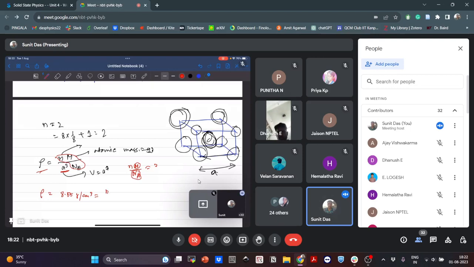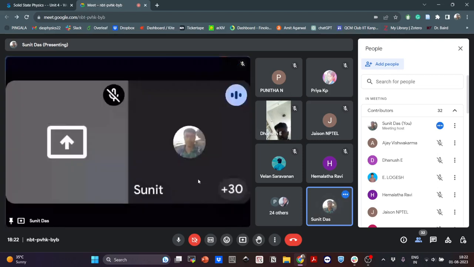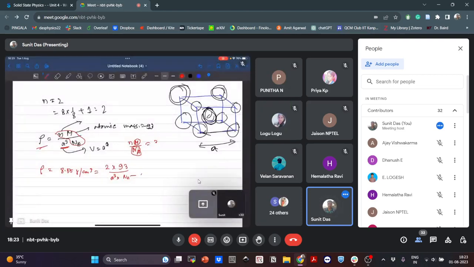Let me write n equal to 2 and M equal to 93, and what you need to find is the atomic radius, A cube, and then Avogadro number, which is 6.022 into 10 to the power 23 per mole.